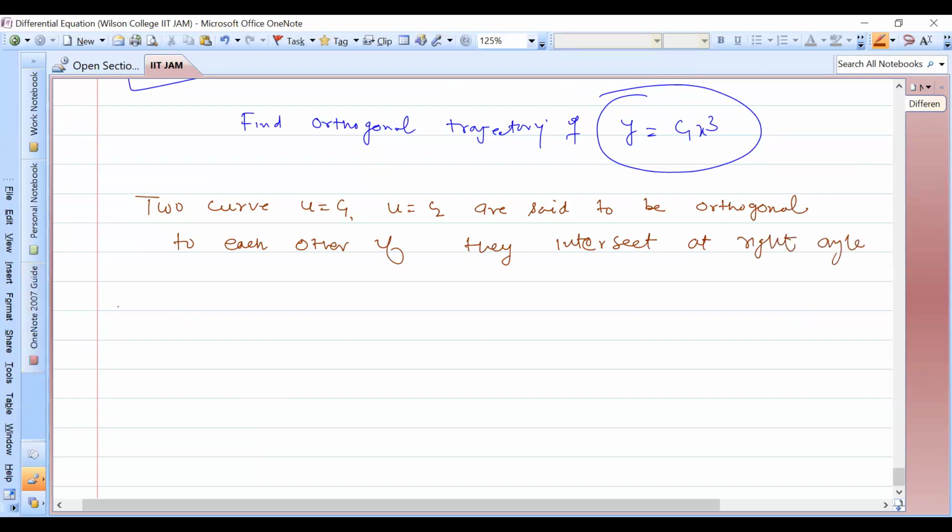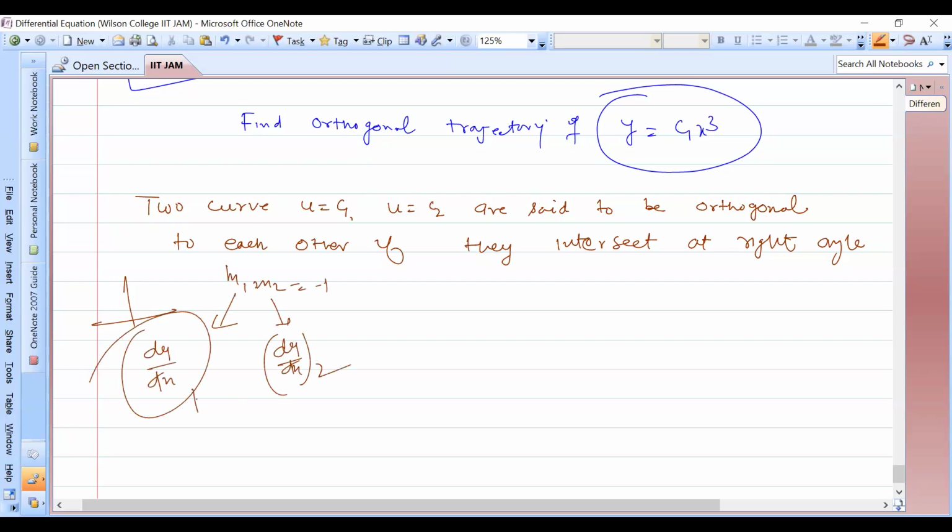Can you recall two perpendicular lines? When two lines are perpendicular, what is the relation between slopes? m1 m2 equals -1. Yes, m1 into m2, of the second line, the second curve.